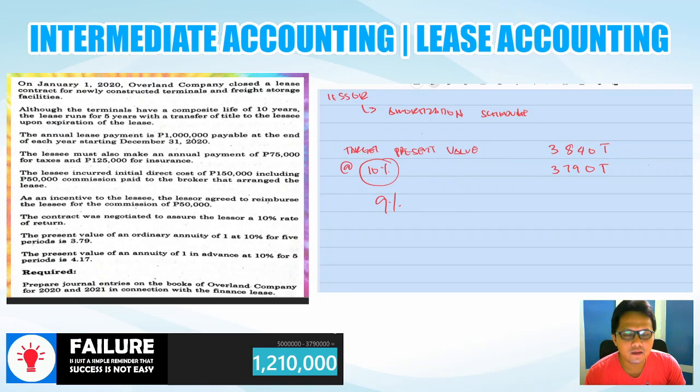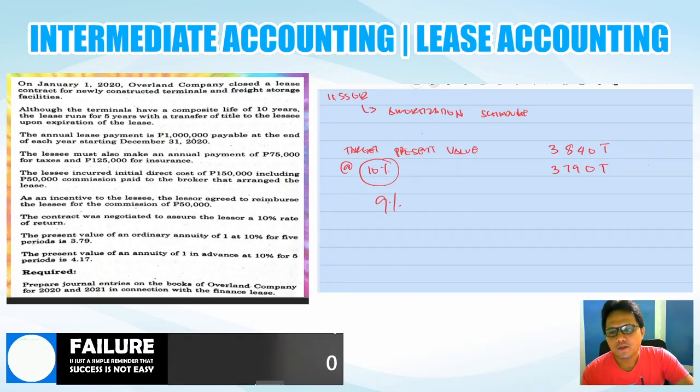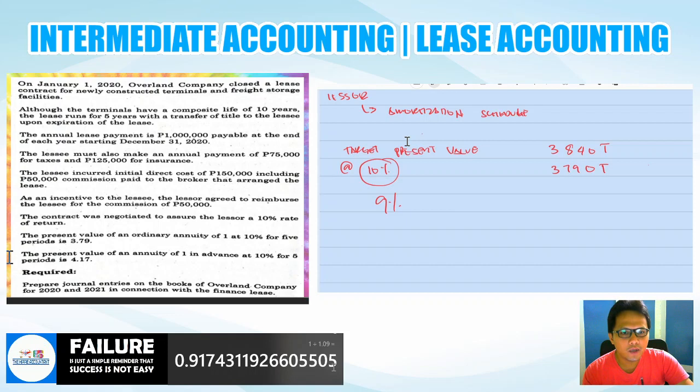So, let's try 9%. Okay? Let's try 9%. So, at 9%, if we are to compute for the present value factor of an ordinary annuity at 9% for 5 periods, alam na natin kung paano yan gagawin, di ba? So, 1.09 divided by twice equals, that is not yet to be counted. So, this is first period, present value of 1, second, third, fourth, fifth.